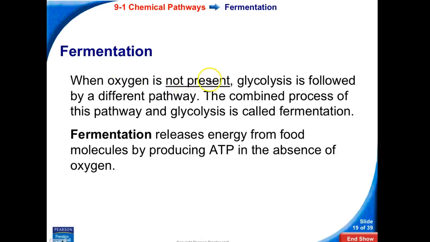So when oxygen is not present, glycolysis is followed by a different pathway. The combined process of this pathway and glycolysis is called fermentation. Fermentation releases energy from food molecules by producing ATP in the absence of oxygen. This type of respiration is called anaerobic respiration.